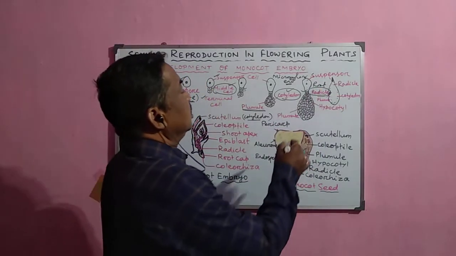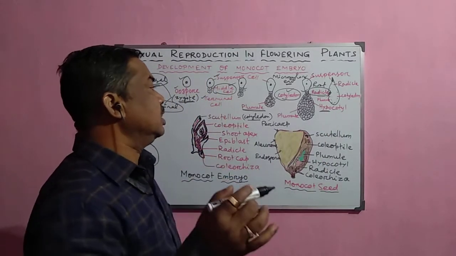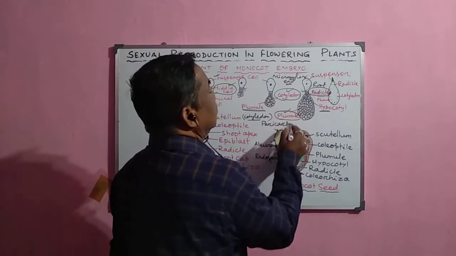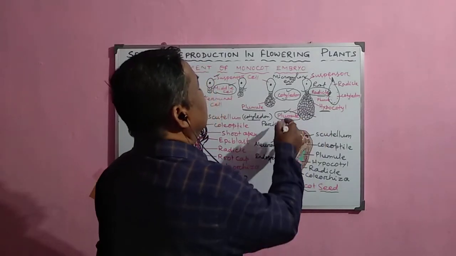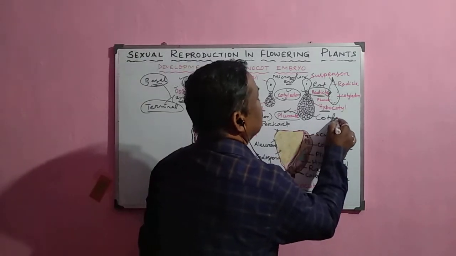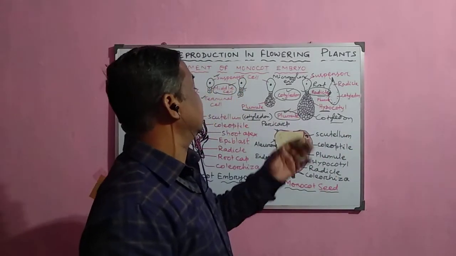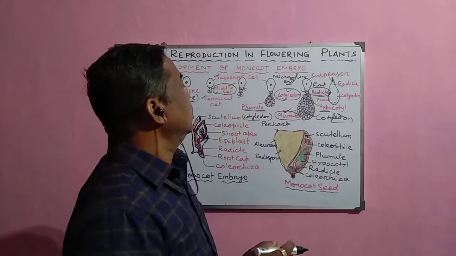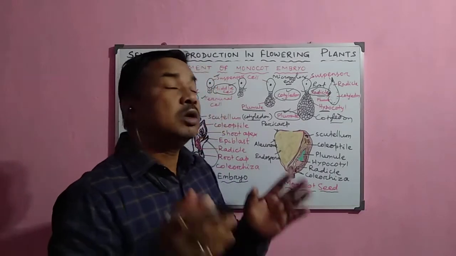Now here, the hypocotyl region is below the cotyledon, and this part develops into the plumule. This is the cotyledon part, this is the plumule part. The cotyledon contains the reserve food material, as we know, the plumule will develop into the shoot part of the plant, and the radicle later develops into the root part of the plant.